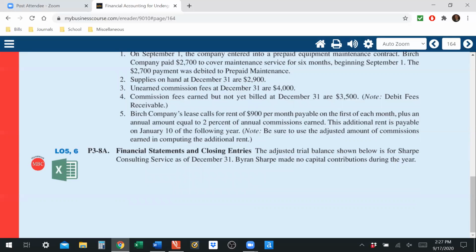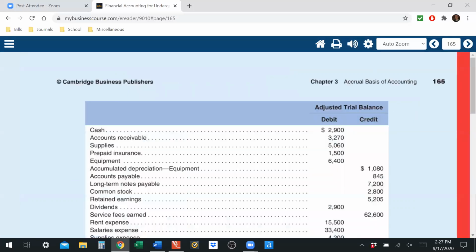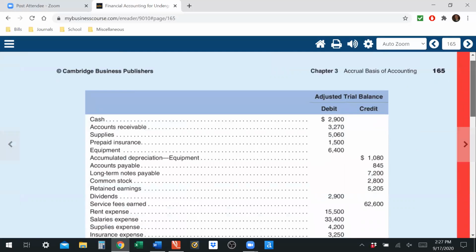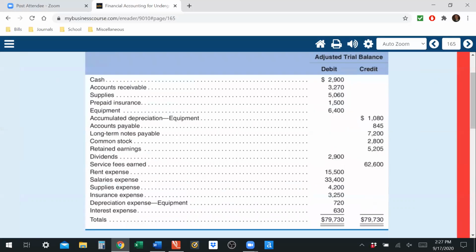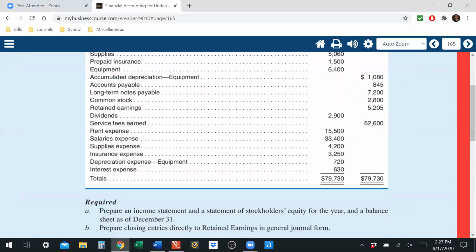They didn't give the Sharp Consulting Service Company any money during the year. That's all that's saying. Okay, fine. So here is a listing of all the company's accounts with their balances. And what do we need to do? Part A, prepare an income statement, and then a statement of stockholders' equity, and then a balance sheet. All right, let's do that.